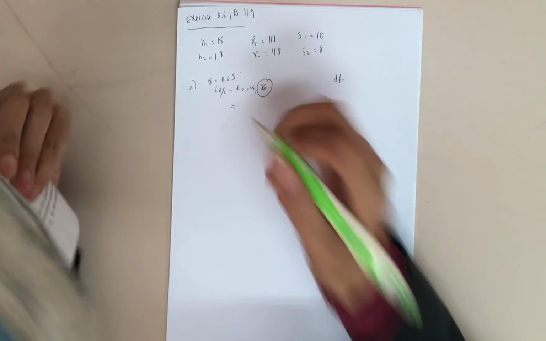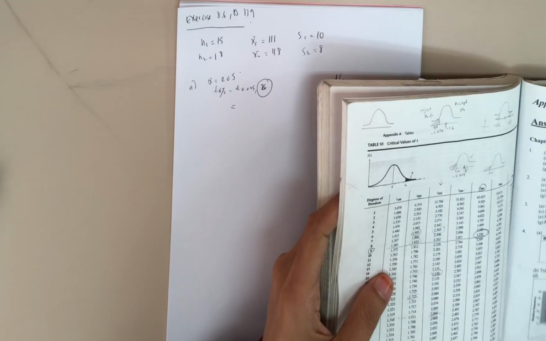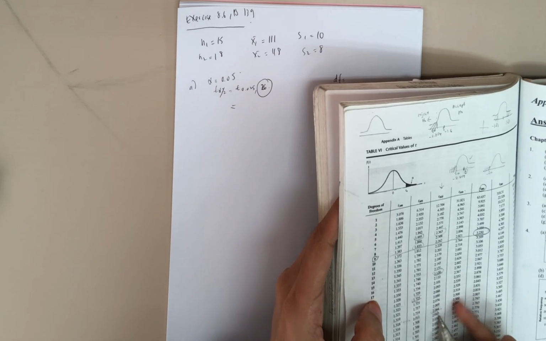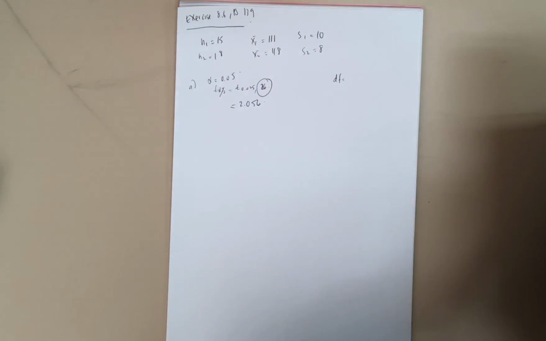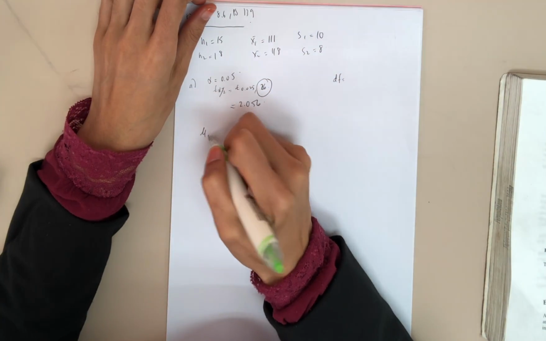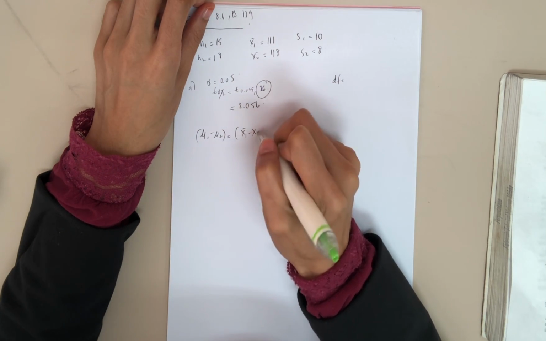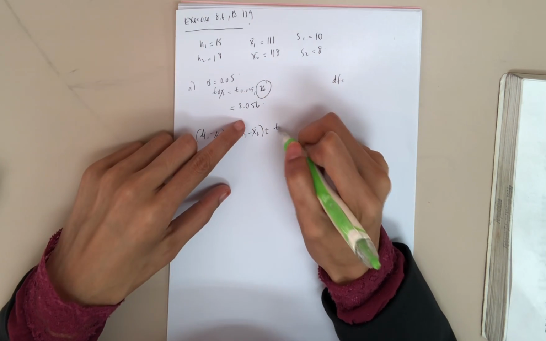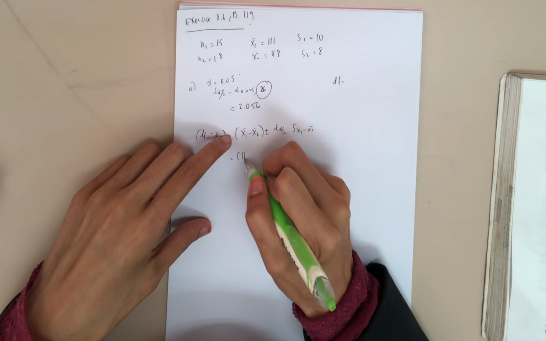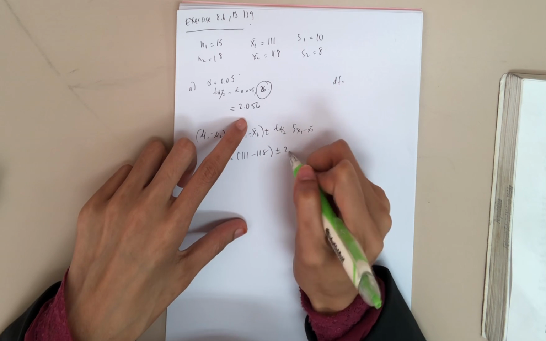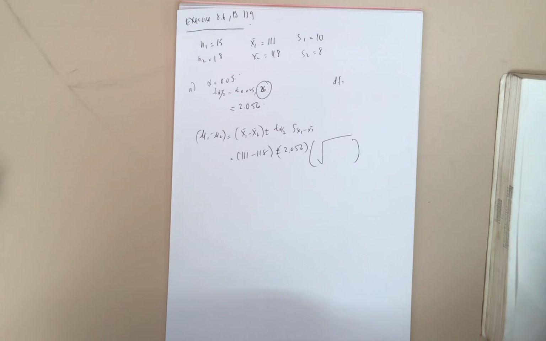Therefore, by using the t-table, t 0.025 with 26 degrees of freedom, it will be 2.056. Okay, we can continue now. X1 bar minus X2 bar plus minus t alpha over 2 times the standard error. So 111 minus 118 plus minus 2.056, and then you need to find out all this.